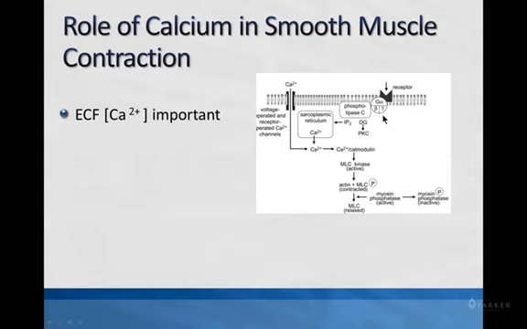Now, if you notice over here, I have this receptor with an arrow. Depending on the agonist, you have various agonists, things that can influence and regulate GI smooth muscle. These agonists can bind particular receptors on GI smooth muscle. If they influence the release of calcium into the sarcoplasm, then that can influence the contraction of smooth muscle.